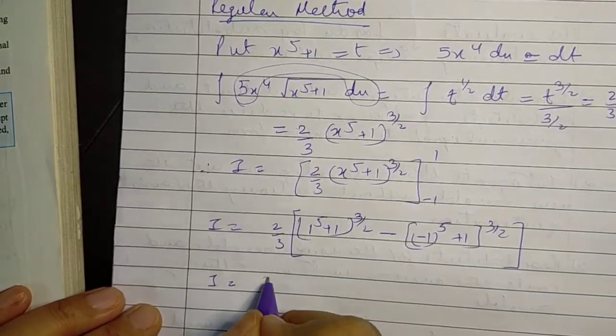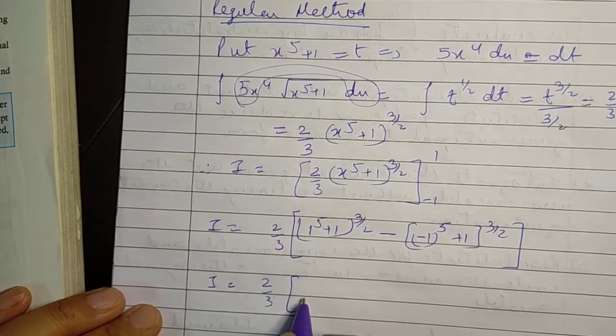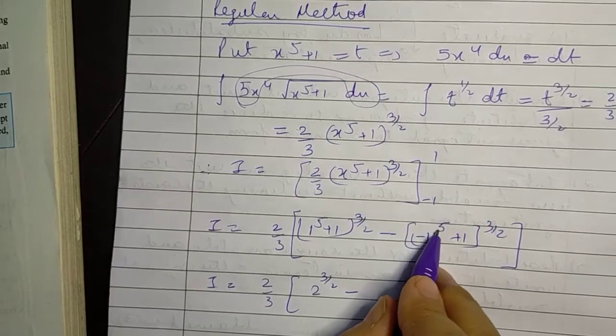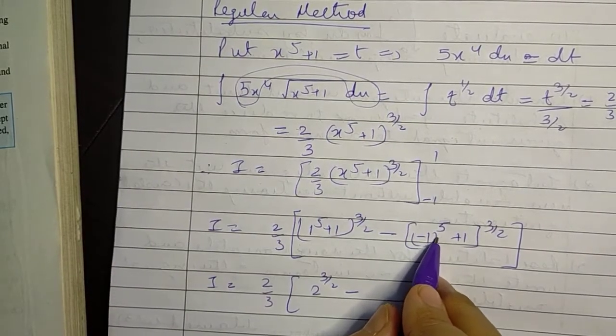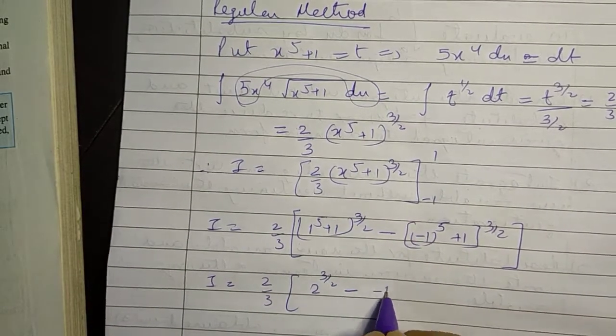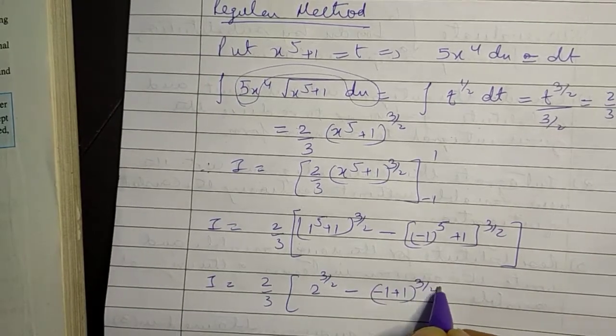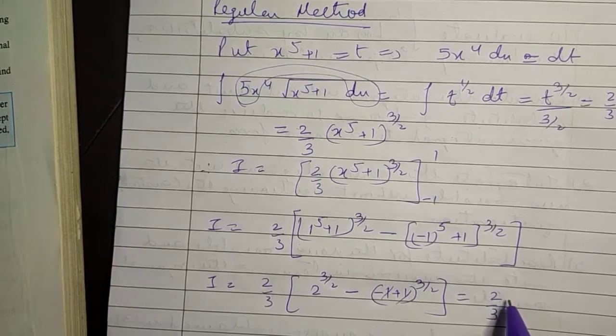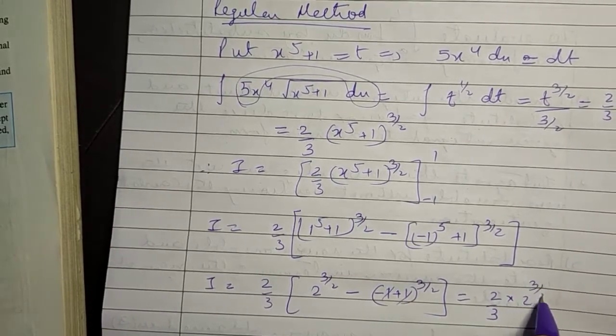which on solving gives us 2 by 3, 1 plus 1 is 2, 2 raised to power of 3 by 2 minus, minus 1 raised to power 5 would be minus 1, so it is minus 1 plus 1 which gets cancelled, and this gives us 2 upon 3 into 2 raised to power 3 by 2.